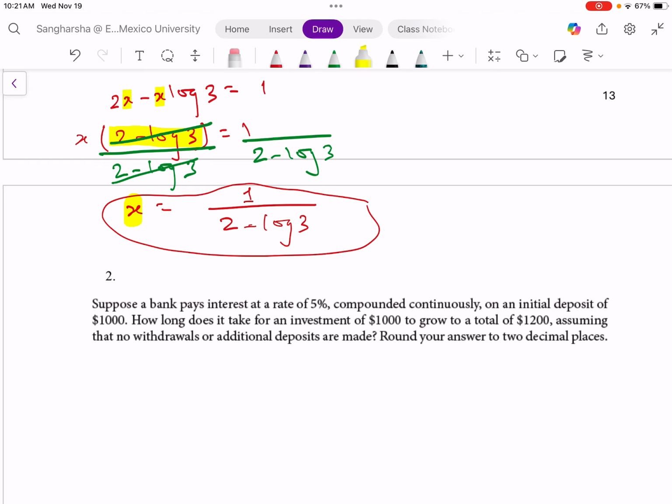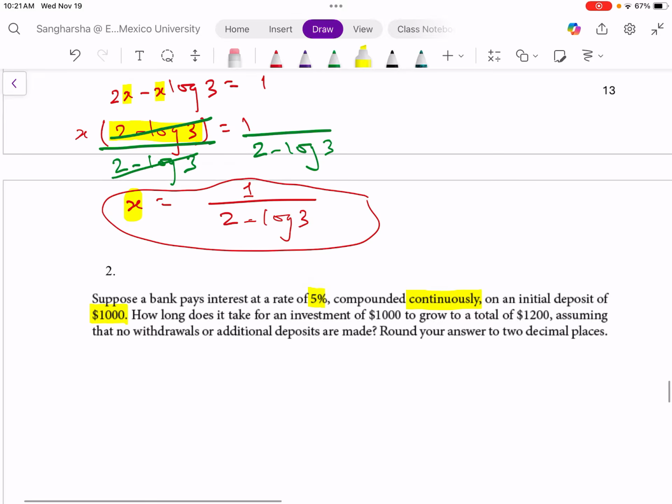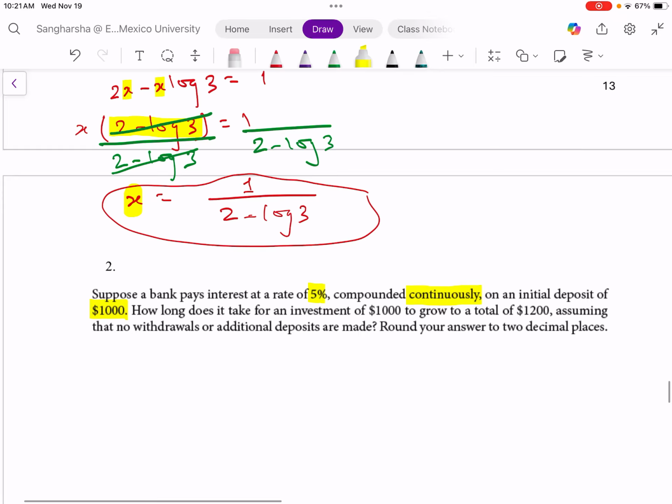Suppose a bank pays interest at a rate of 5% compounded continuously. The bank pays interest of 5% compounded continuously on an initial deposit of $1,000. So we deposit $1,000 in a bank and it pays us 5% compounded continuously.